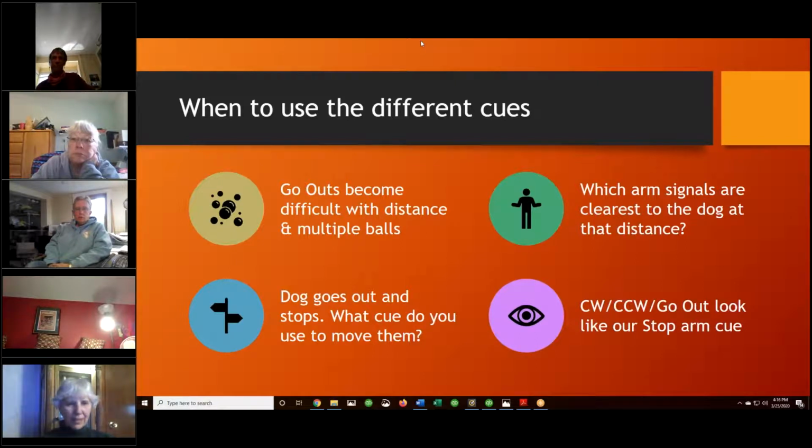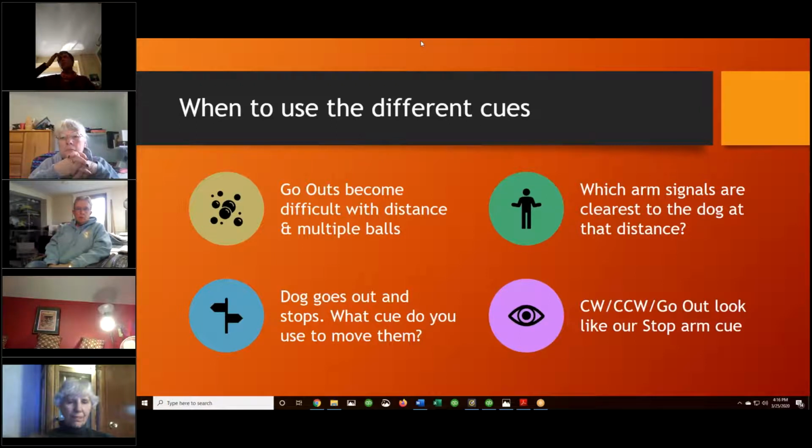So that almost takes us right into the next one, when we're talking about which arm signals are clearest to the dog at that distance. And that's kind of a leading statement.